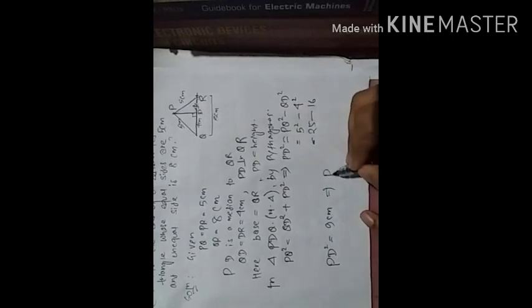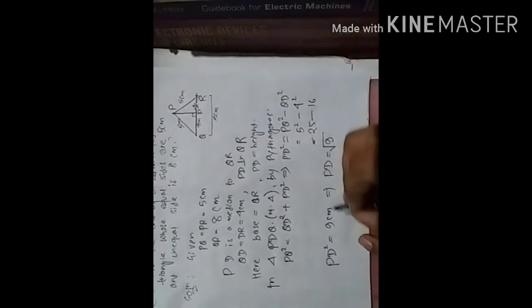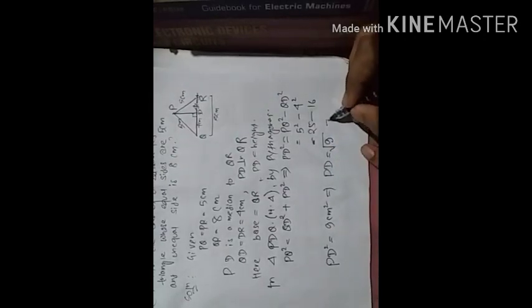This will become PD square is equal to 9 centimeter square. So from here PD is under root 9, so PD will become 3 centimeter. Now we have got the value of PD, and PD is the height.